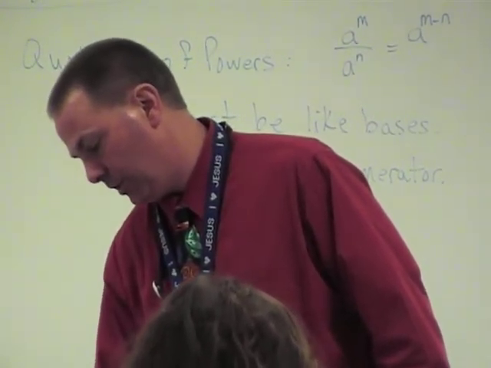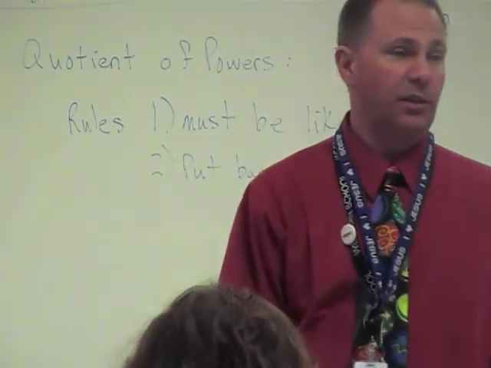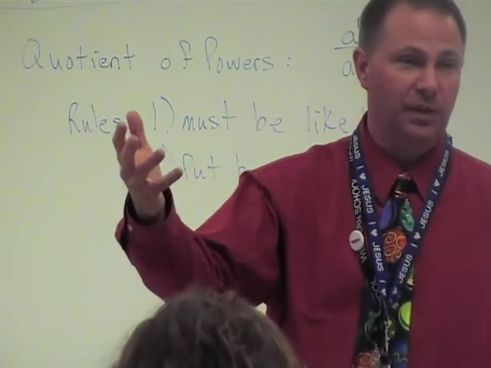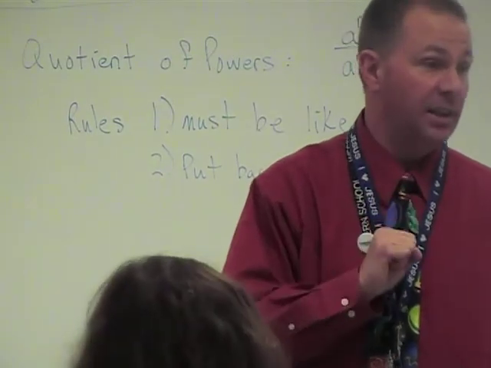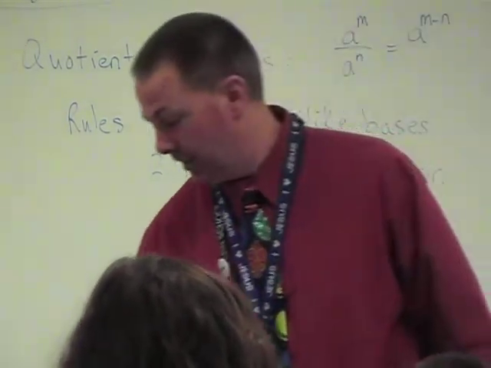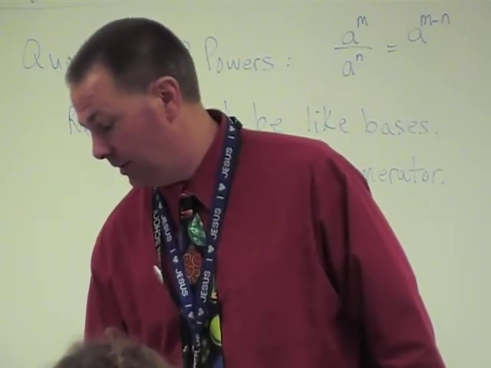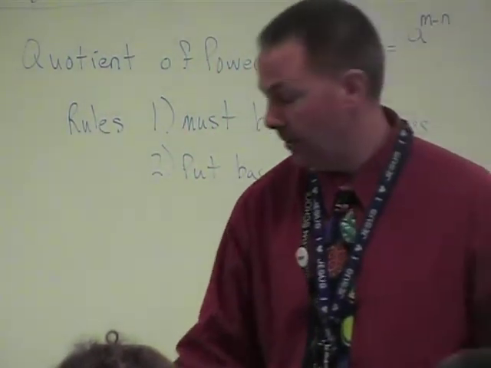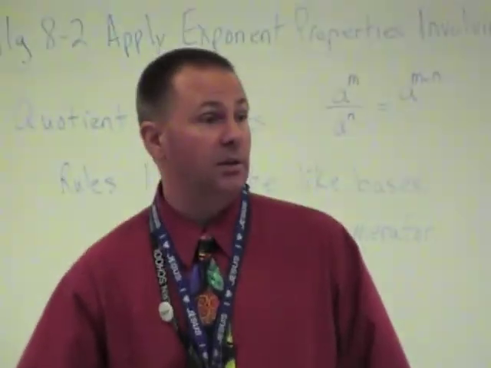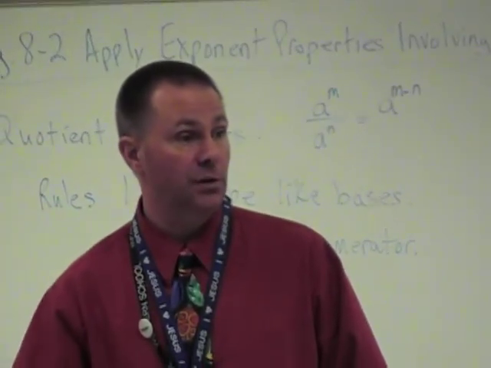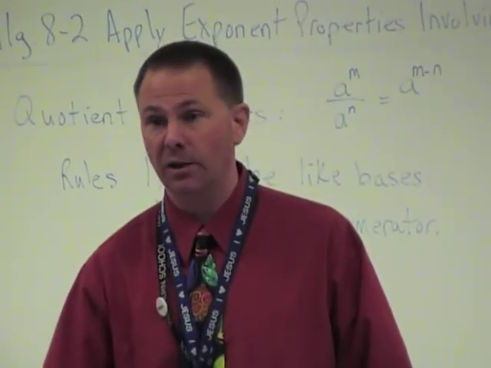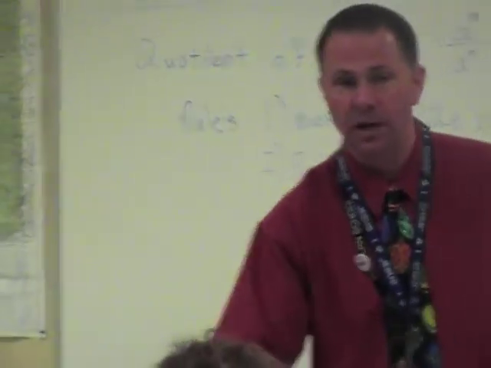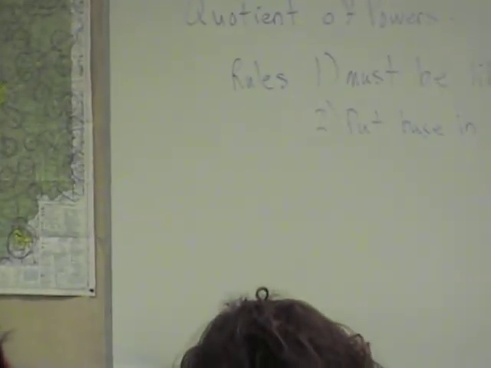On the first section, if you had 3 to the 5th, you would leave that as your answer. On the second part of the assignment, you actually would tell me what 3 to the 5th is, just like we did on the homework that was due for today. First section, you leave it the way it is. Second section, you calculate. Are there any questions on that assignment, those of you who've been working on it?